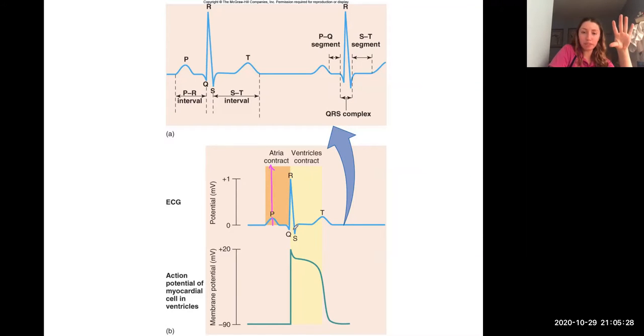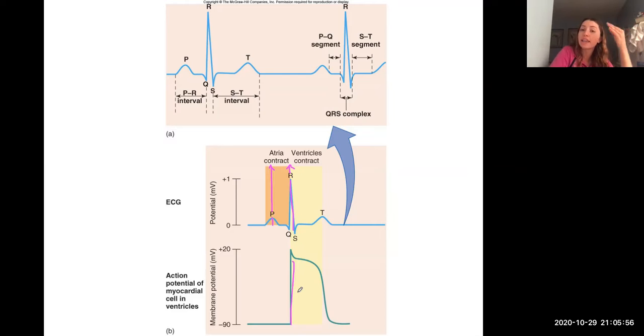She said specifically that the ventricles don't start to contract until about the R. So they don't start to contract until the R. It says that it's a little bit before, but it's not. She said that it takes a minute, right? It just takes a minute to get there. So that's what this is showing. The myocardial cells in the ventricles, they just shoot up as fast as humanly possible, but it takes a minute for those ventricles to contract.